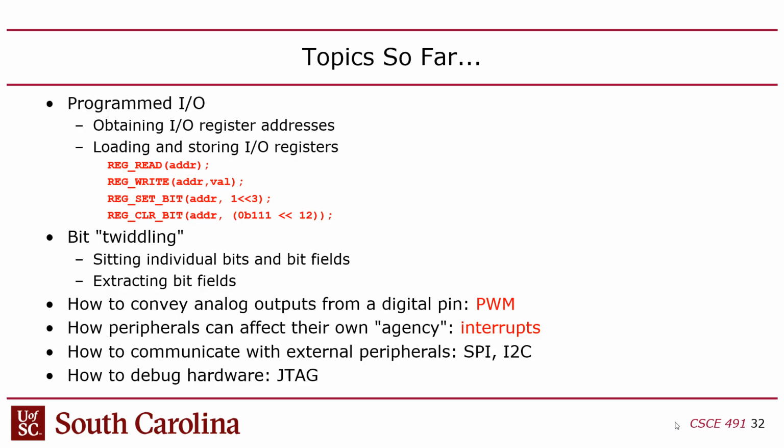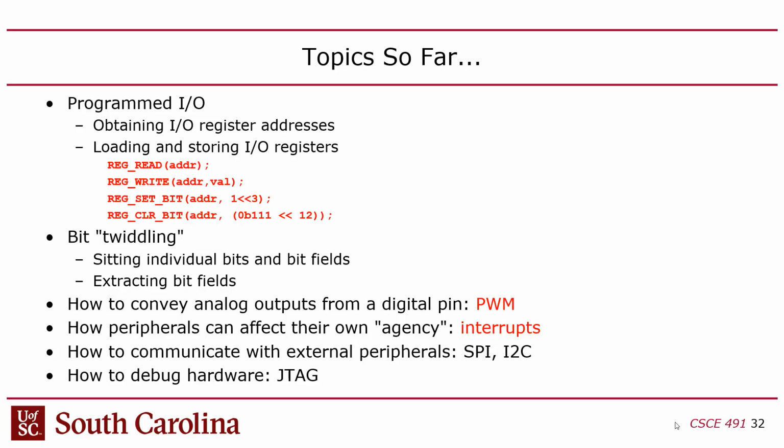So if I want to set bit 3, I still have to take a 1 and shift it by 3 bits to the left, but I don't have to worry about reading the value from the I/O, doing a programmed I/O read, and then sending the value back. That's all taken care of for you. Does that make sense? Seems like I'm not explaining that very well, but that's essentially the interface.